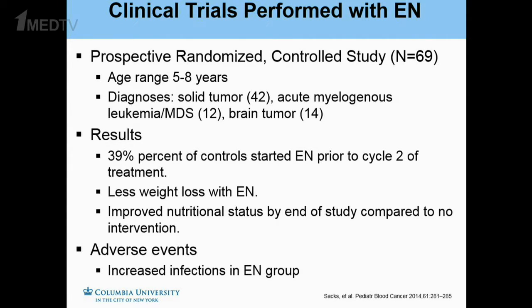Now this study did observe an increased risk of infections in the enteral group. However, there was some suggestion that it may have been driven by the AML group and a particular regimen they were using at the time, because this is the only study that actually found this slight risk of infections in this particular cohort, and this was done at Children's Hospital of Philadelphia.